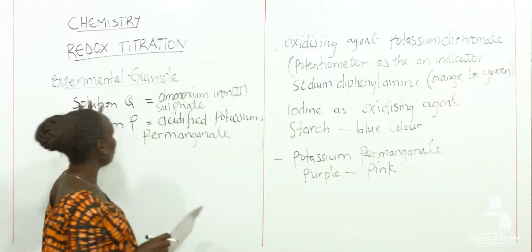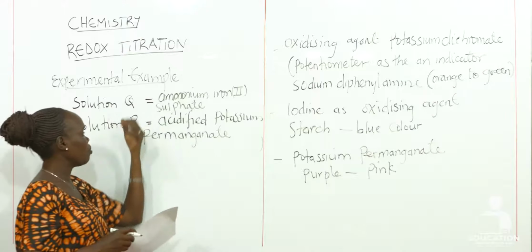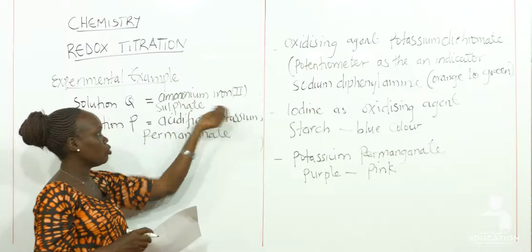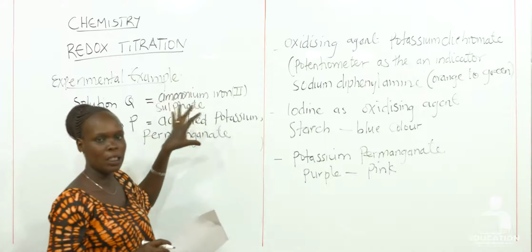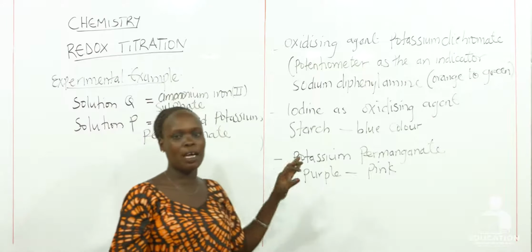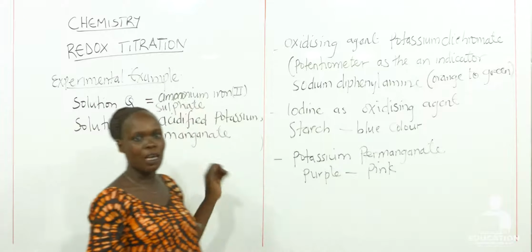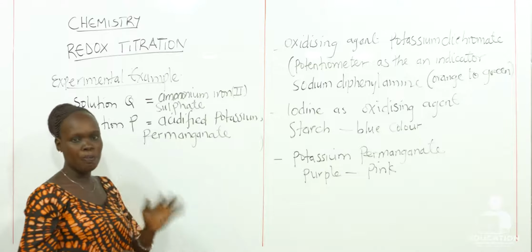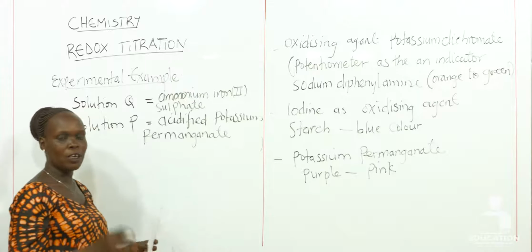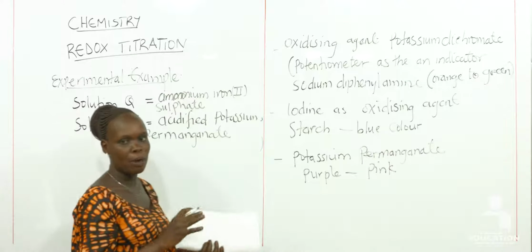So the two solutions provided are ammonium iron(II) sulfate and acidified potassium permanganate. Remember that this type of titration may not require an indicator, so we shall have the color change from purple to pink. When you are titrating, remember the change in color from purple to pink.